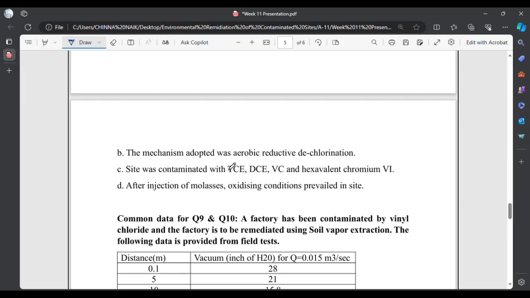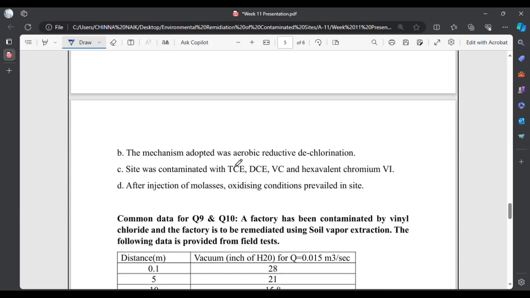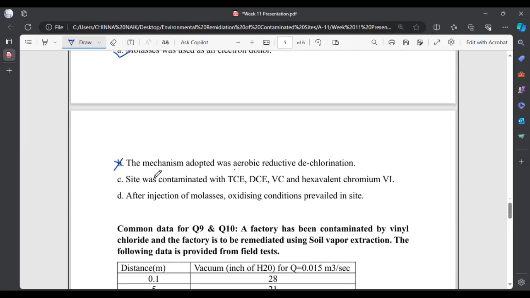Is this statement true or false? Pertaining to this case study, they opted for anaerobic, not aerobic, reductive dechlorination. So option B is false.